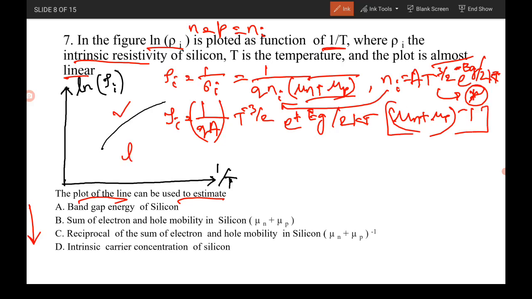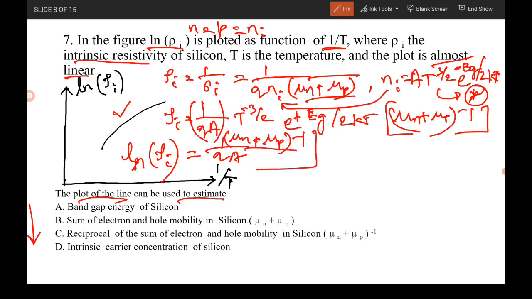So now we can take ln of rho I is equal to, so we will take the constant as 1 by qa. So here at the numerator we are having mu n plus mu p whole inverse. Okay, so this is a constant value. And what is the ln of T to the power minus 3 by 2?